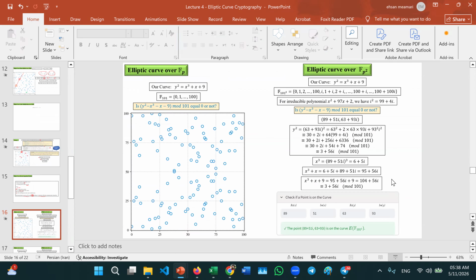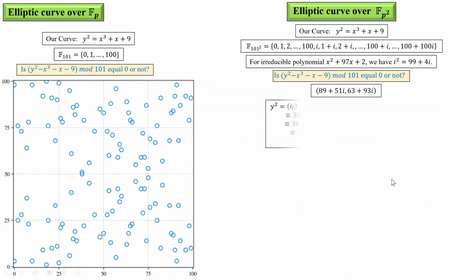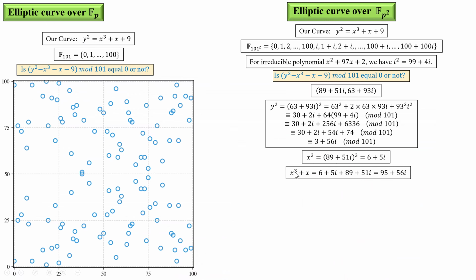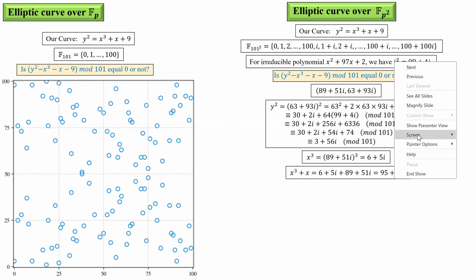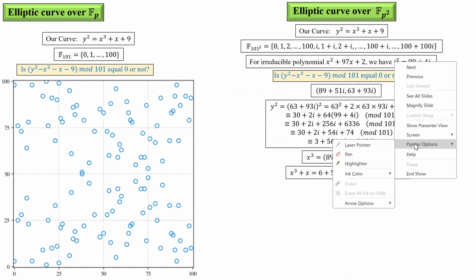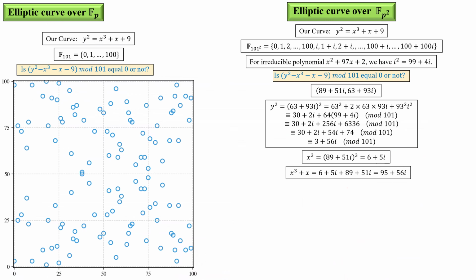Using the website, we can compute this value, and then by adding x to the power of 3 plus x, we have 95 plus 56i, and then plus 9 equals 3 plus 56i, which is equal to the value of y to the power of 2, and then y to the power of 2 minus this value equals 0.